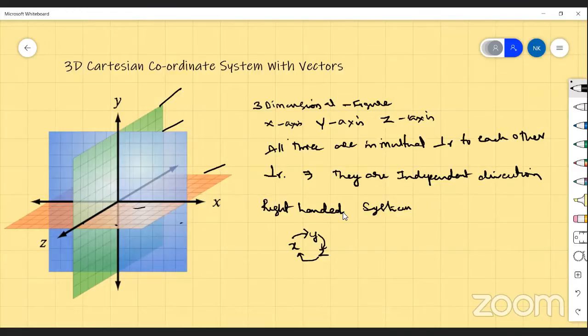On this plane, y is equal to 0. If you consider this plane, here this is the origin. So on this plane, y is equal to 0, which is the zx plane.